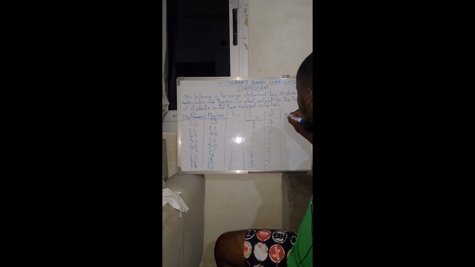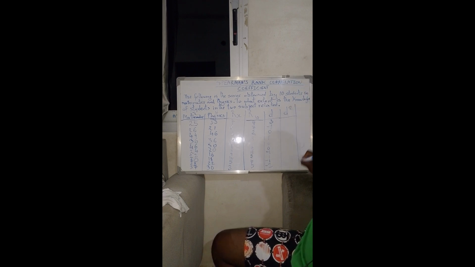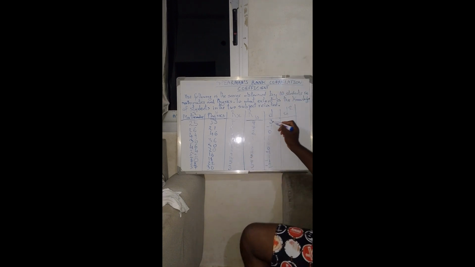Now, our D square. We find the D square. Here we have 3. This is D. 3 multiplied by 3 is equal to 9.